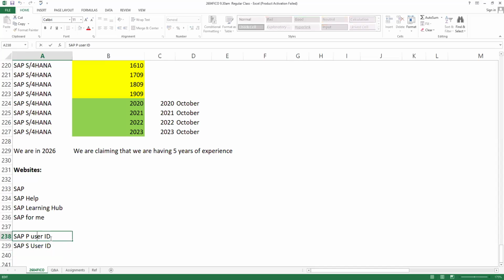The SAP P user ID can be obtained by anyone, even you can get it, I can get it, any other person can get it. It's nothing but registering like LinkedIn, Instagram, Facebook, WhatsApp. You just give your email ID and a few details, your name, what requirement you are using SAP for, and the account will be created. User ID is nothing but account creation.